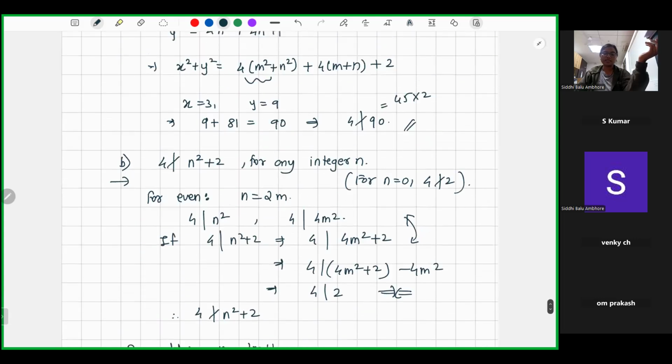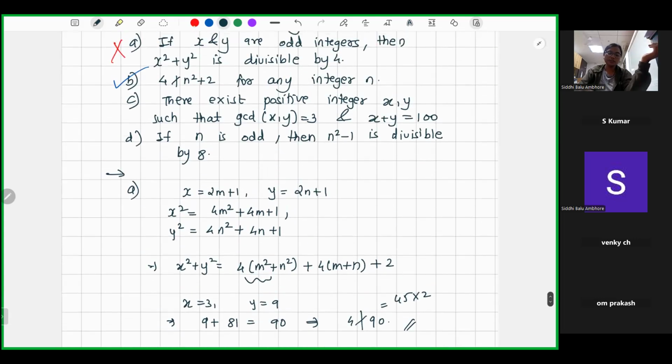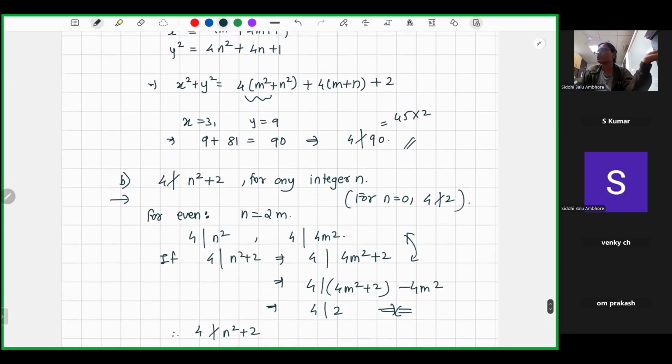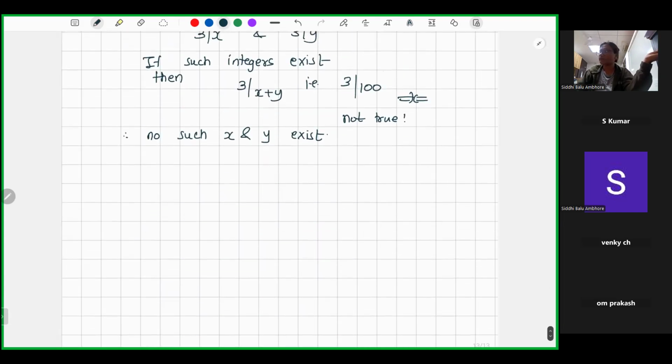Now the last one. This one is not true. Last one is that if n is odd, then n square minus 1 is divisible by 8. Let me just write this statement. If n is odd, then n square minus 1 is divisible by 8.